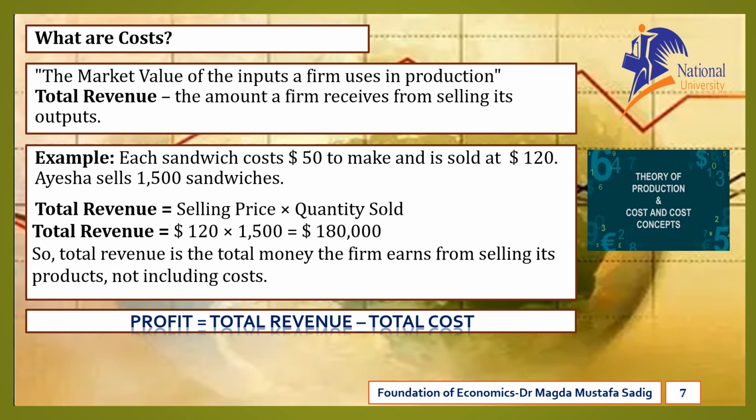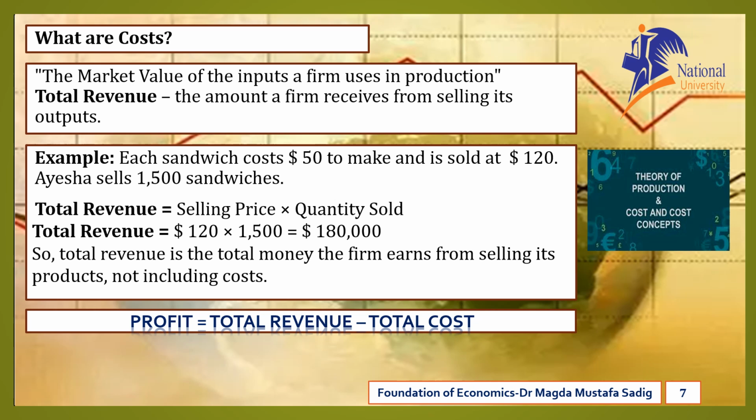Example, Aisha's sandwich business, and each sandwich costs her $50 to make. She sells each sandwich for $120, and she sells 1,500 sandwiches.